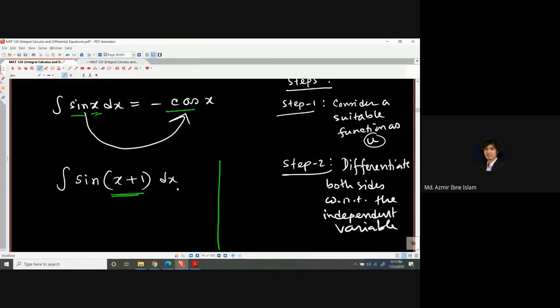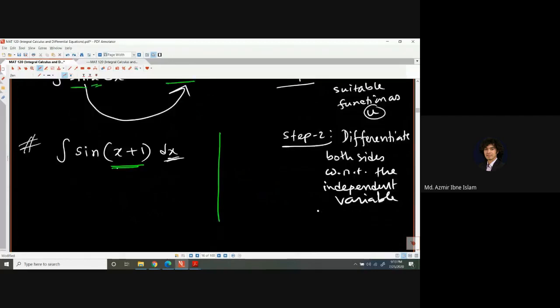Independent variable means, you can have a look here. In your main problem, you have been asked to find the antiderivative, or to solve this integral with respect to x. So x is our input or independent variable.